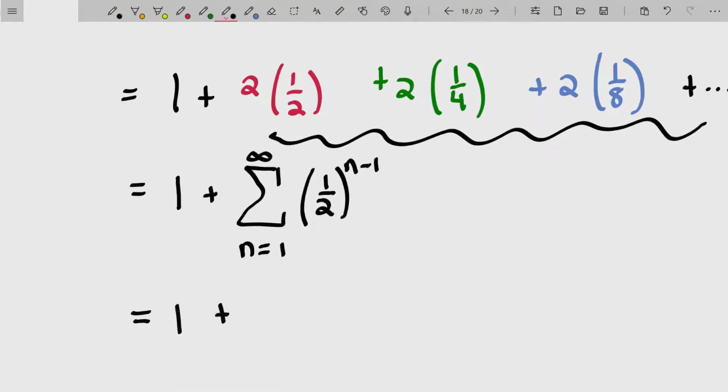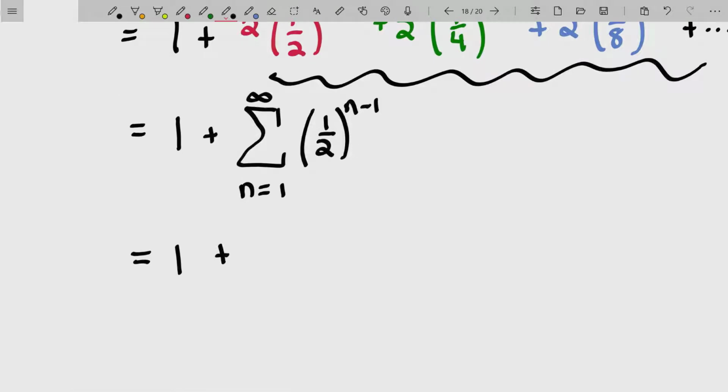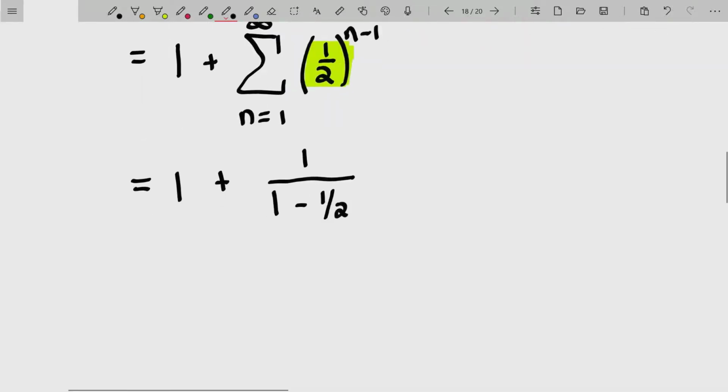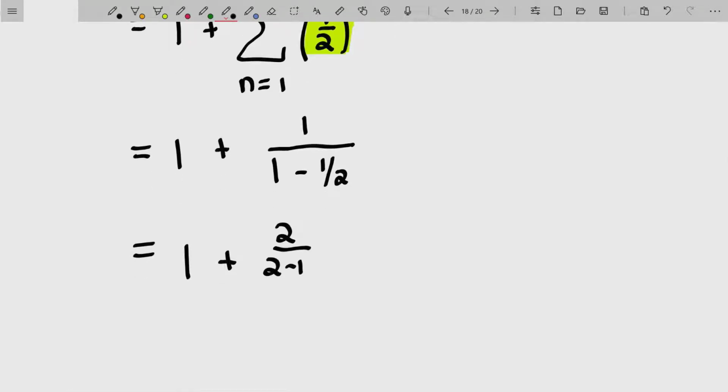But we happen to know that this summation can be traded out because, again, the common ratio is less than 1 in magnitude. We could trade that out for a, which is 1 in this case, over 1 minus r. And that would be 1 plus, multiplying top and bottom of that by 2, we get 2 over 1.